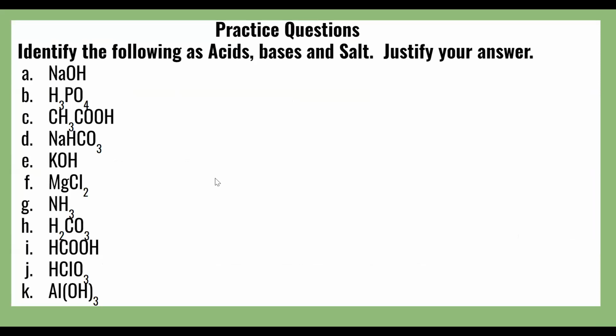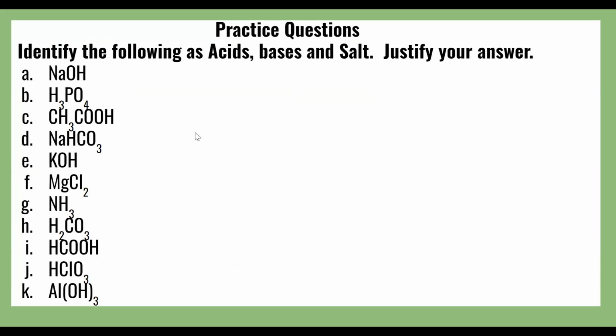So with everything done, go through this and identify each as acid, base, or salt. Justify your answer. When I say justify your answer, there are so many ways you can justify it. You can use the Arrhenius definition or model to describe.